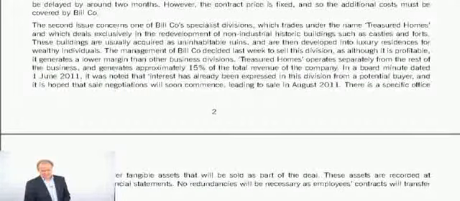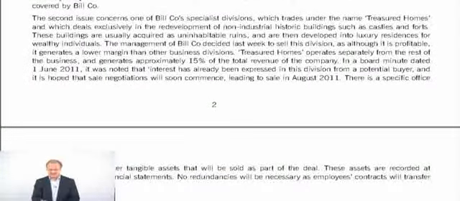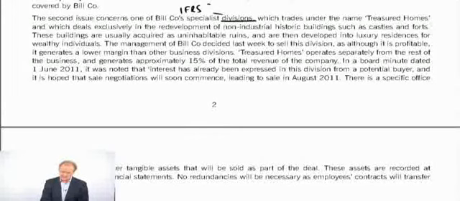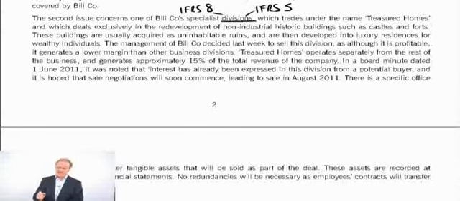Second issue concerns one of Bill's specialist divisions. Ooh, divisions. I'm now thinking 2 accounting standards. I'm thinking segmental reporting, operating segments, IFRS 8 might prove to be relevant. And I'm also thinking divisions crop up in IFRS 5, discontinued operations.